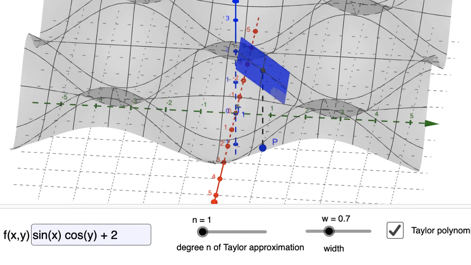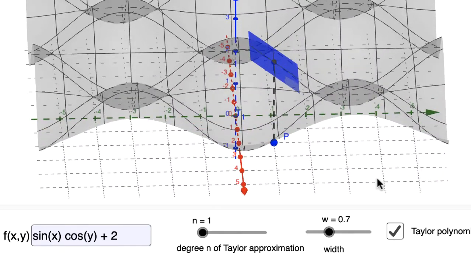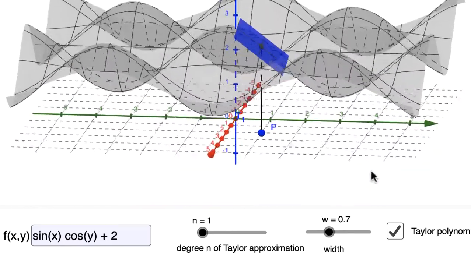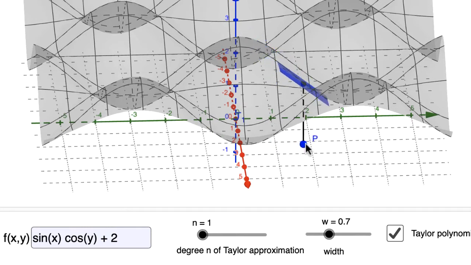The specific constants do not matter that much. The important feature here is that this is precisely the expansion from which you can extract the equation for the tangent plane, which is why you see a tangent plane here. And if you keep moving the point, you see the linear approximation changes as you move along it.